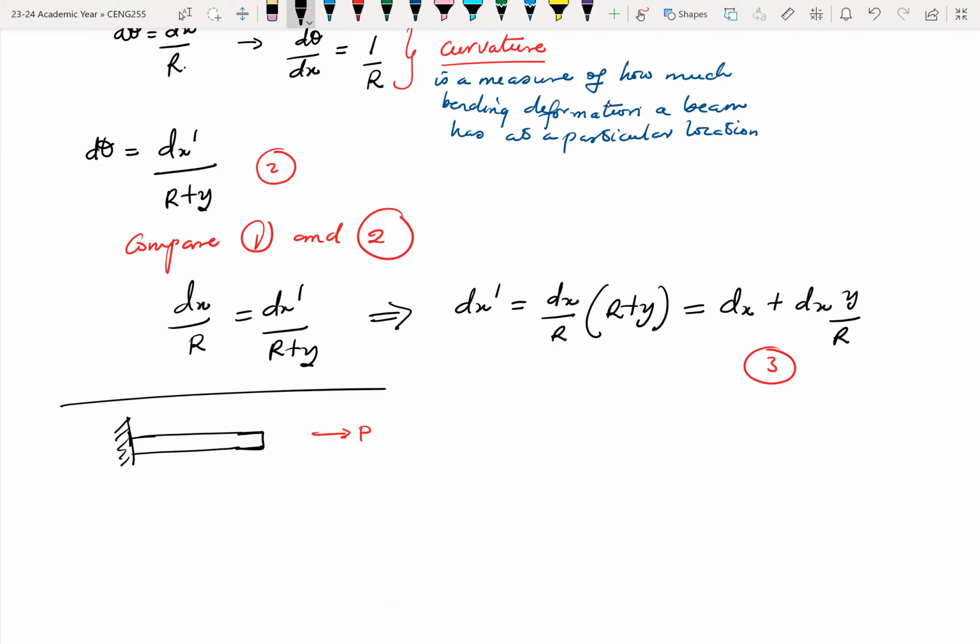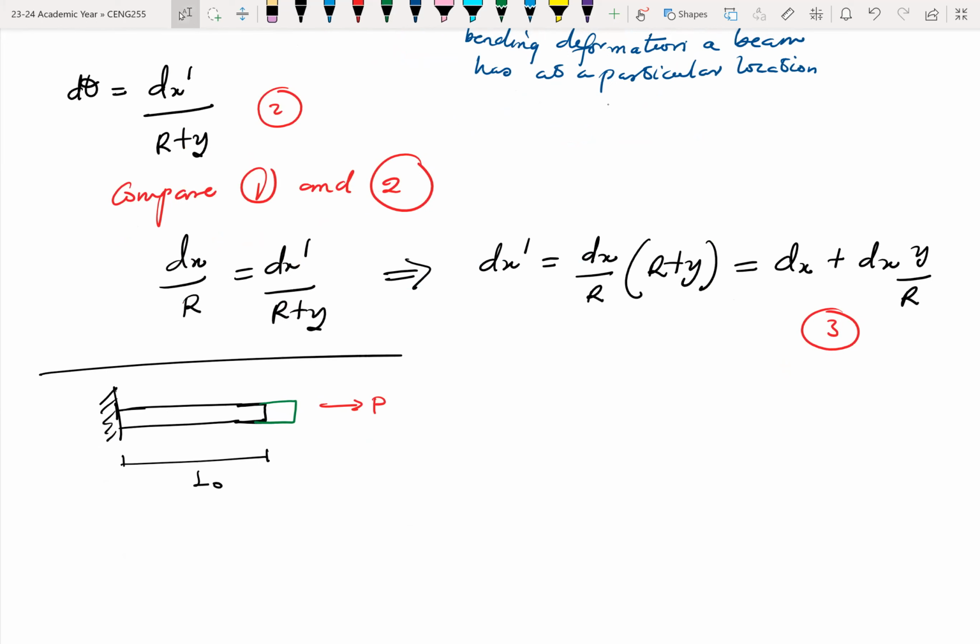With time, the P will force the bar to elongate. So if this was its initial length, L naught, with time, the bar would extend all the way to somewhere here. Now, because of the load, your bar has a new length, L1. So there's been some additional length added to the bar because the bar is elongating.